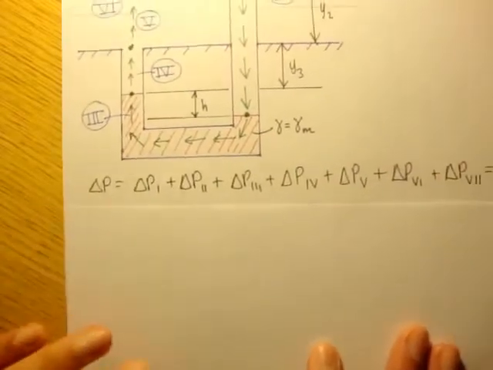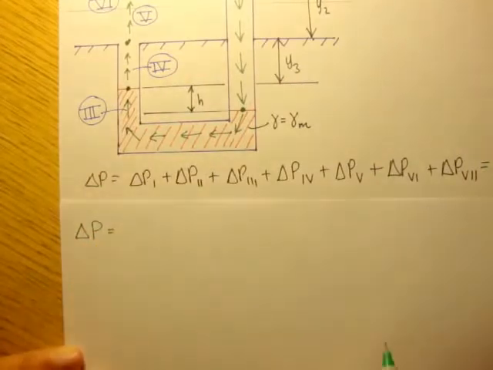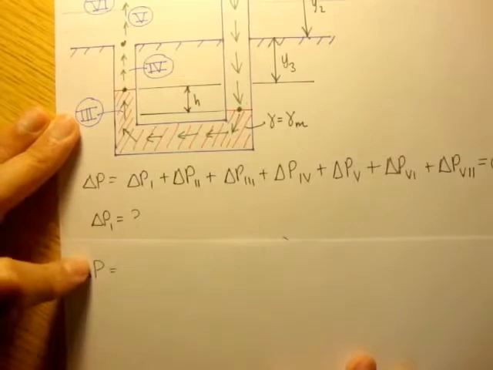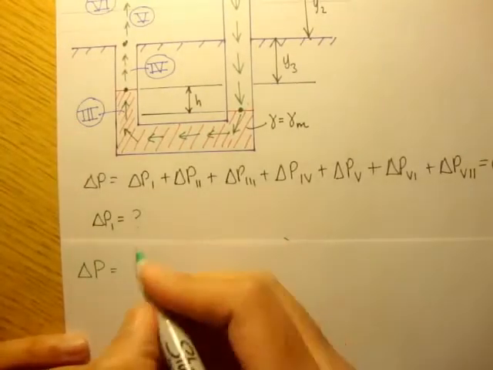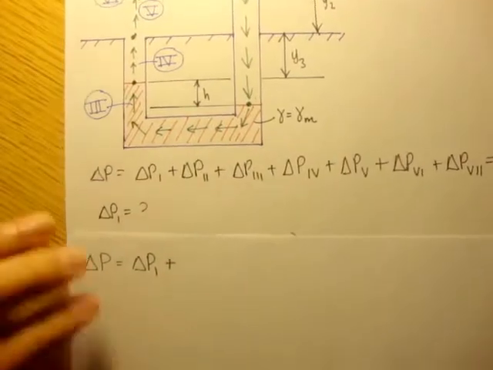So the change in pressure, delta P1. Well, that's question mark. So we'll just say delta P1 plus delta P2.